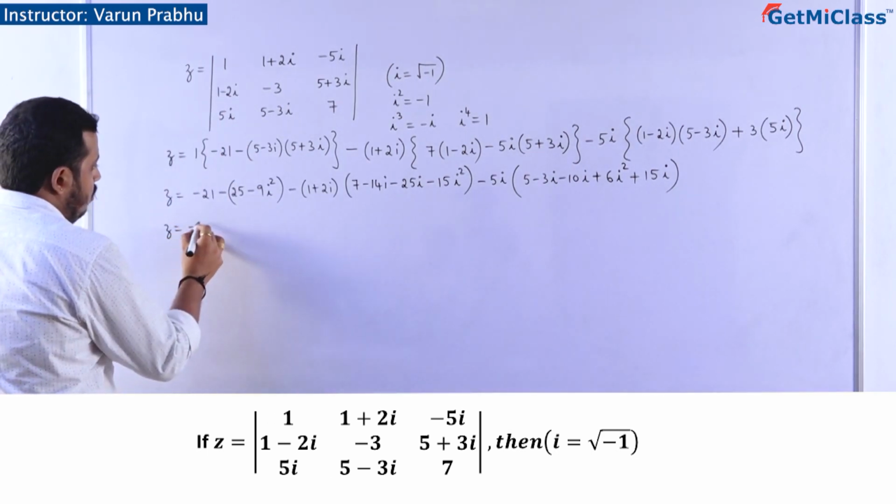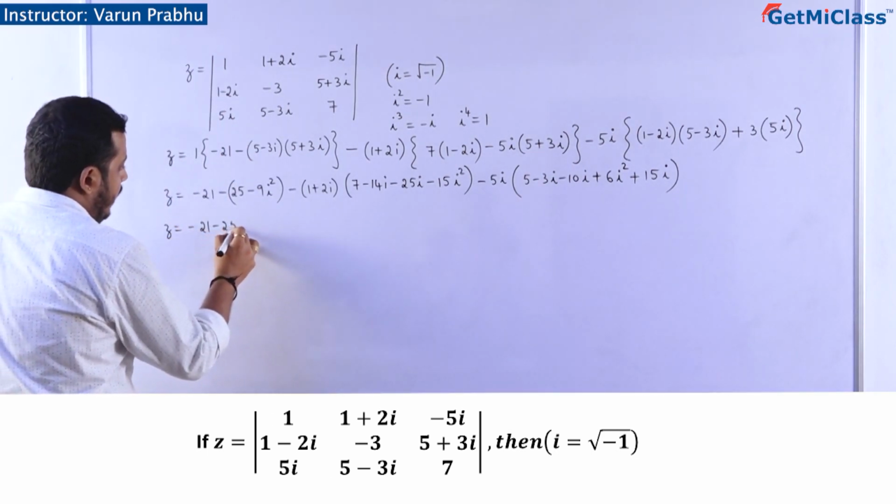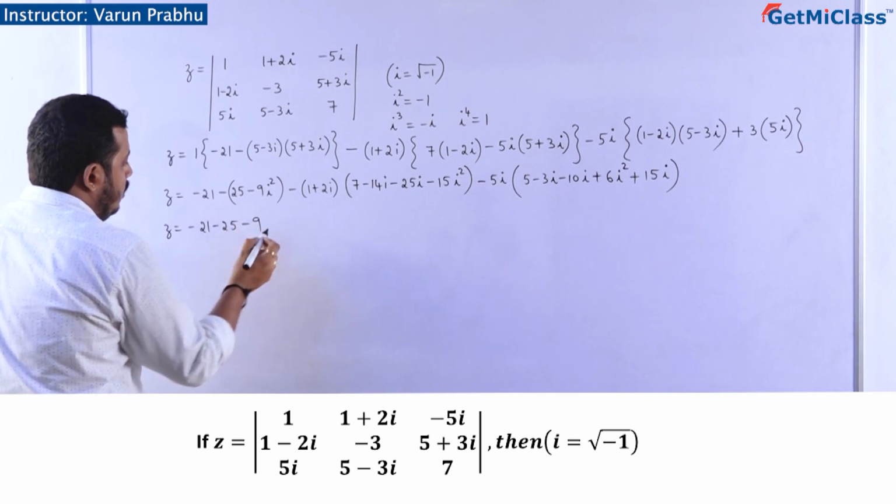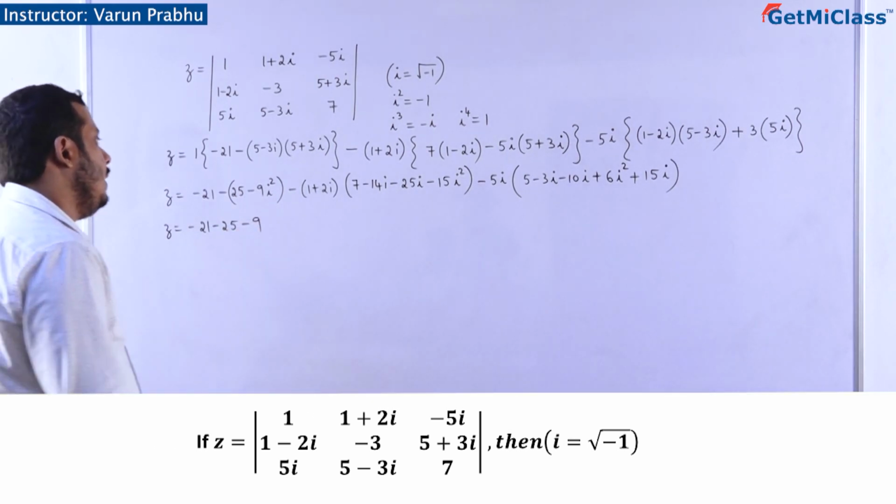So Z is equal to minus 21 minus 25, i square is minus 1, so minus 9. Is that right? Minus 9.